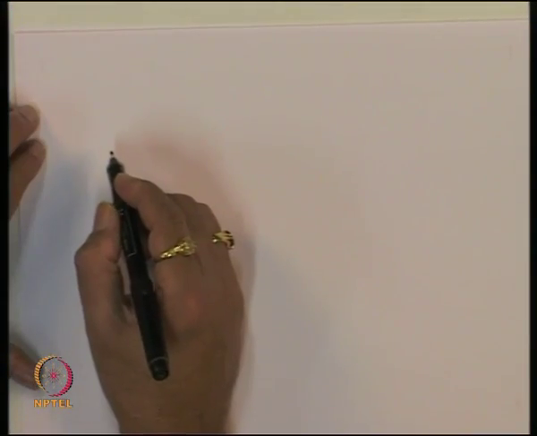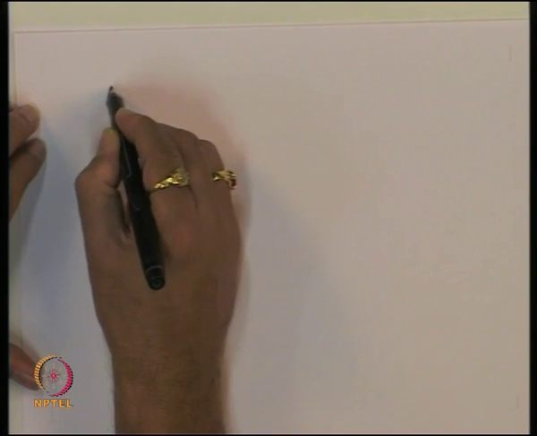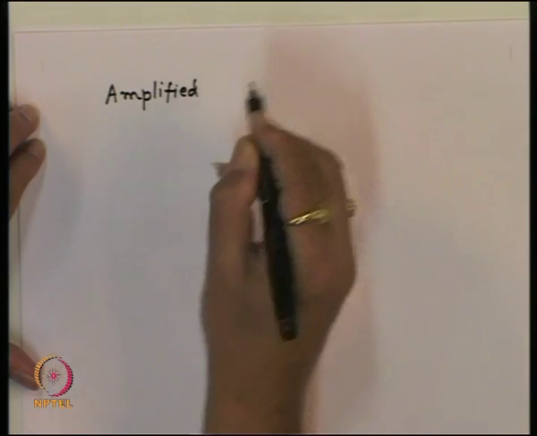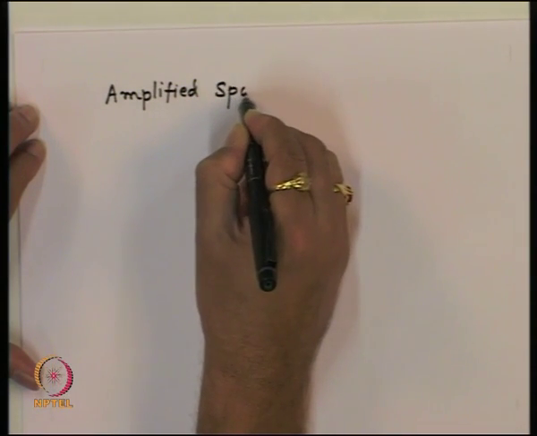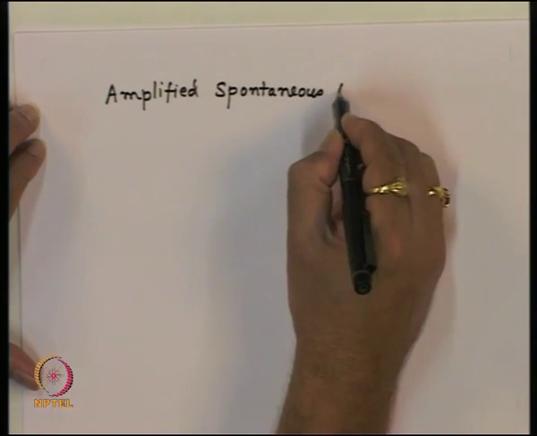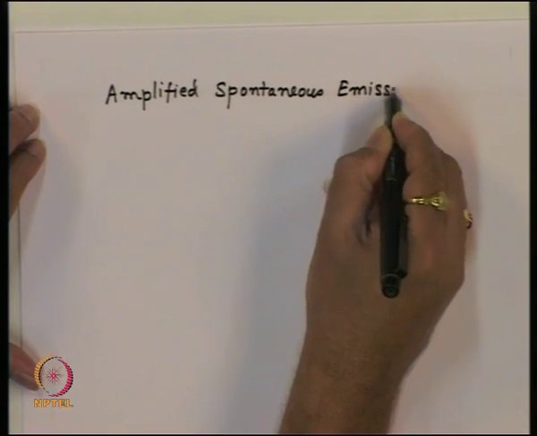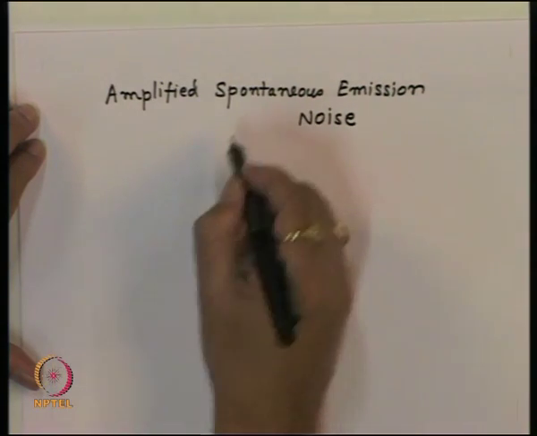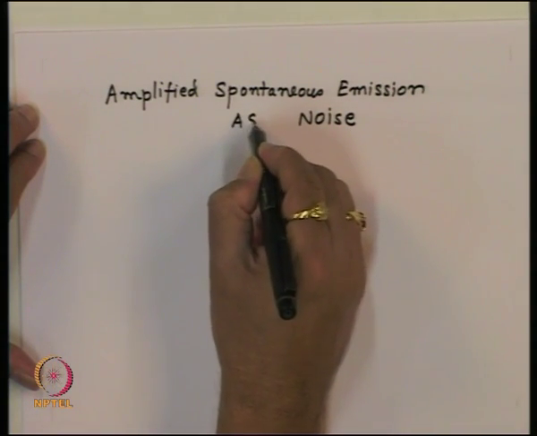So then one can define the parameter for the ASE, or what is called the amplified spontaneous emission noise. We can write down a spectral density. So if we take this amplified spontaneous emission noise, we call this ASE noise.